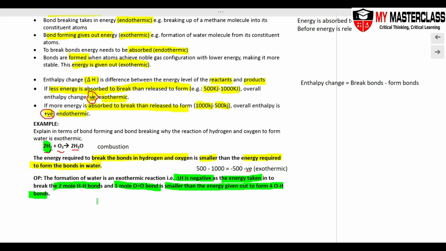So for O level, they will expect you to write 2 moles of hydrogen bonds, 1 mole of oxygen bond because of the balanced equation, and then to form 4 moles of OH bonds. If you cannot tell this is 4 moles of OH bonds, then please write 2 moles of water molecules.